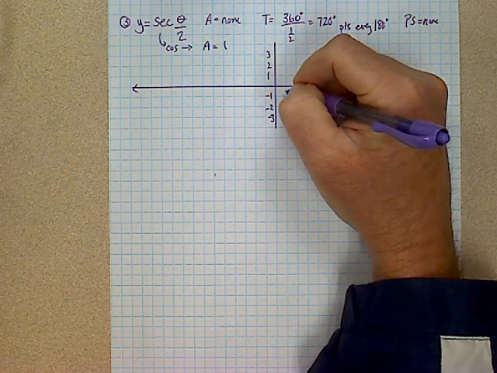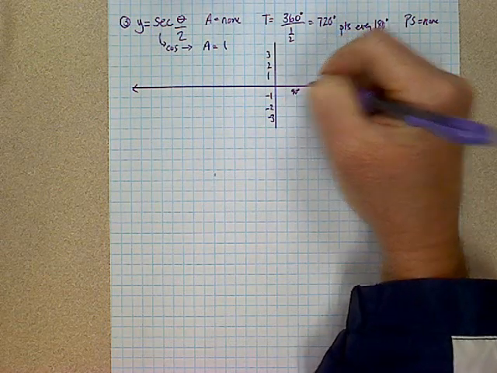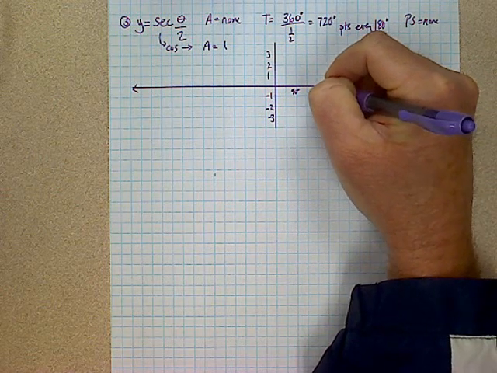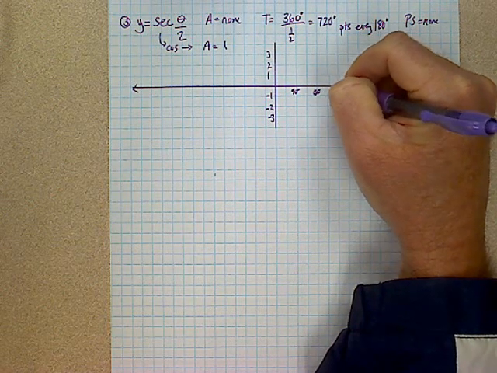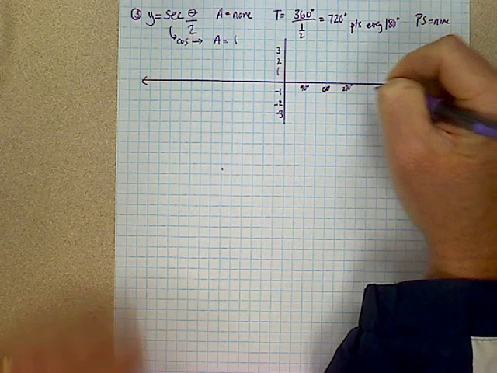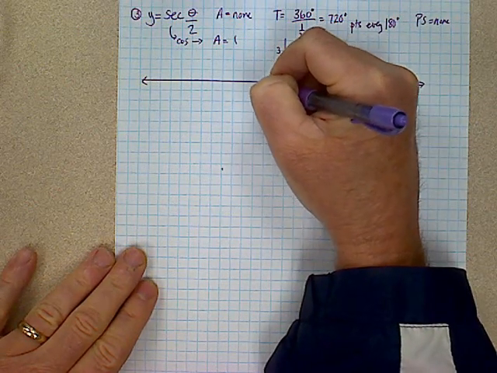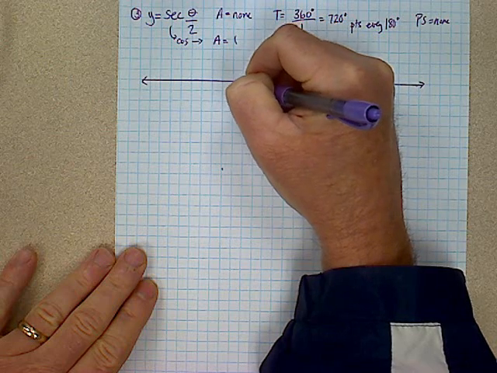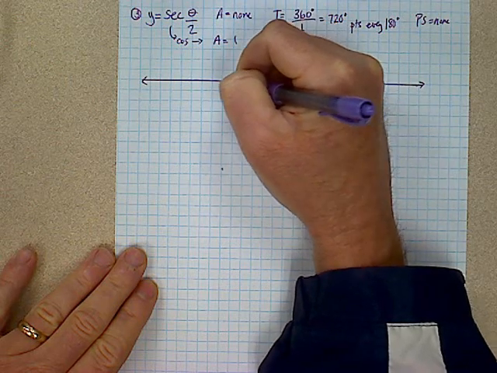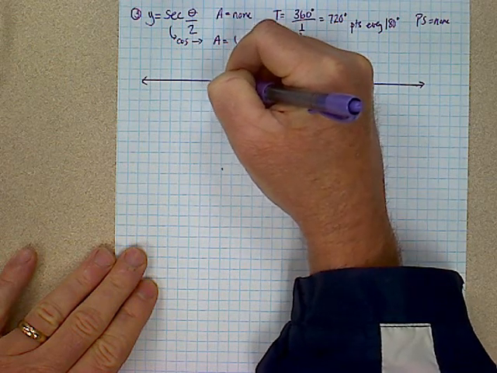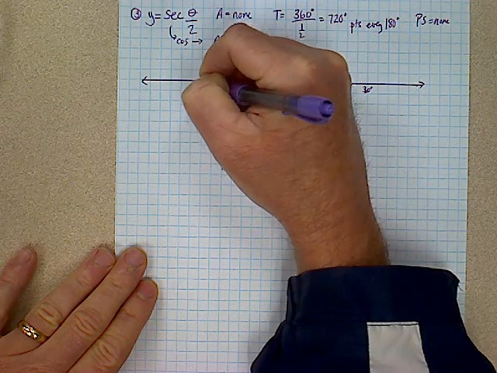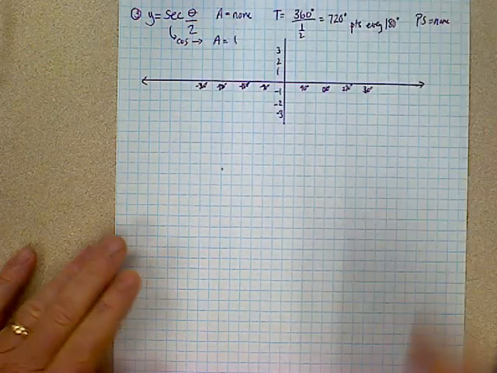So let's just do this. Let's go 1 and then 90 like we did on the last one. 1 and then 180. 1 and then 270. 1 and then 360. That's scaling by 45s. 1 and then negative 90. 1 and then negative 180. 1 and then negative 270. 1 and then negative 360.